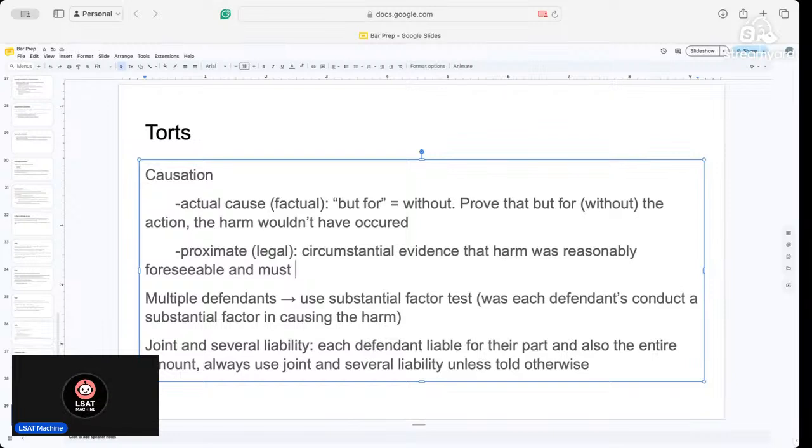The harm must be a type that results from the conduct. I don't like the way my book is wording it, which is why I'm struggling.